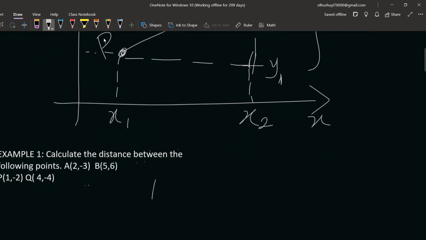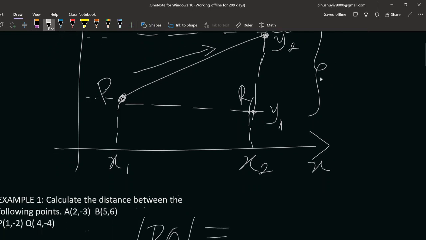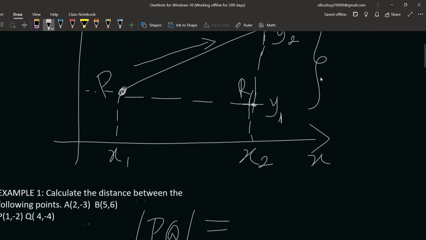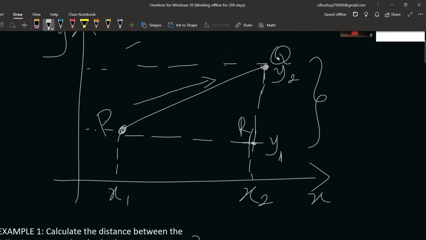So we can take our distance PQ to be equal to what? Let me call this point R. From Pythagoras theorem, the square of PQ is equal to the square of PR plus the square of QR.